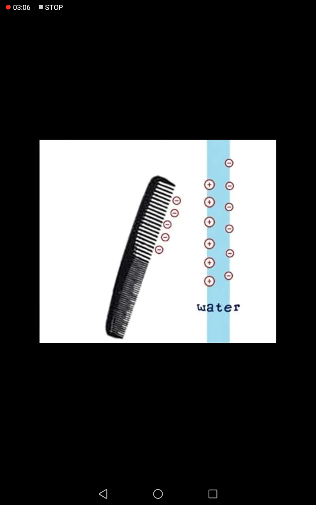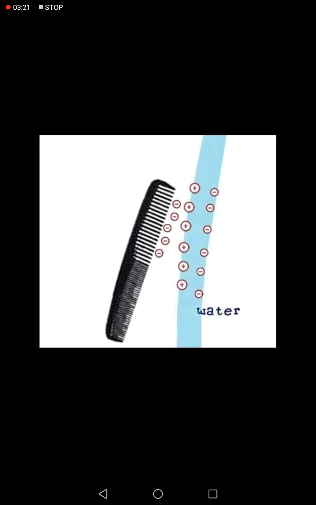When bringing the comb closer towards the flow of water, the negative charges are separated from the positive charges and the positive charges are attracted towards the negative charges of the comb. When bringing the comb even closer, the positive charges almost make contact with the negative charges of the comb, thus bending the flow of water.